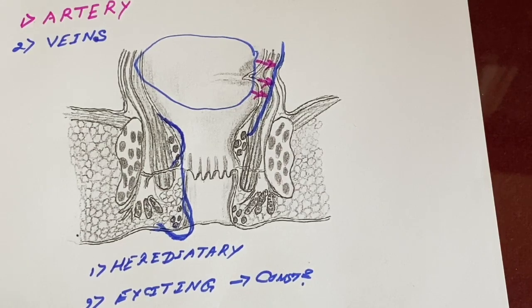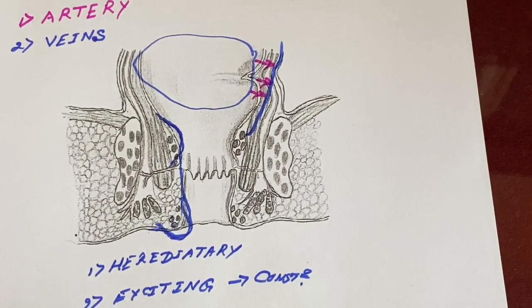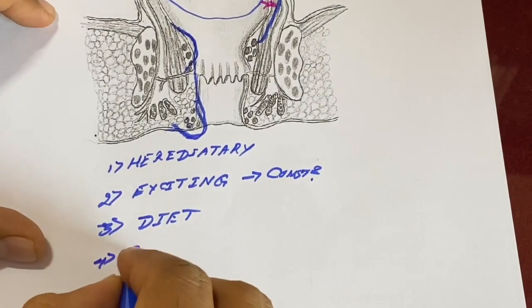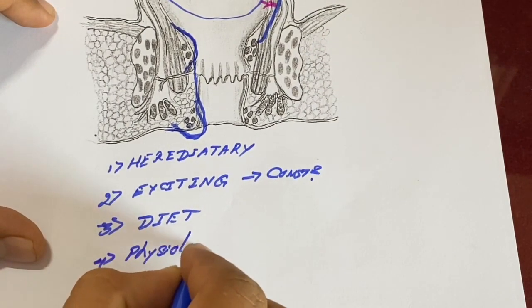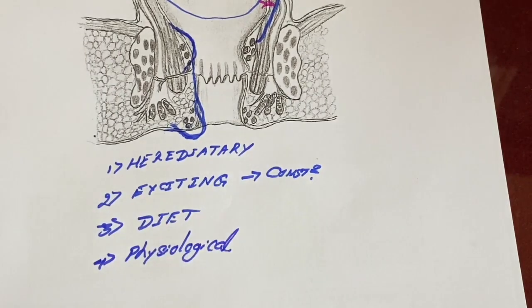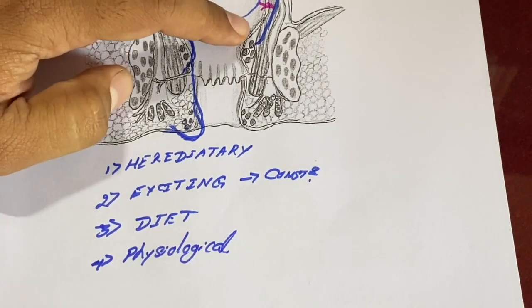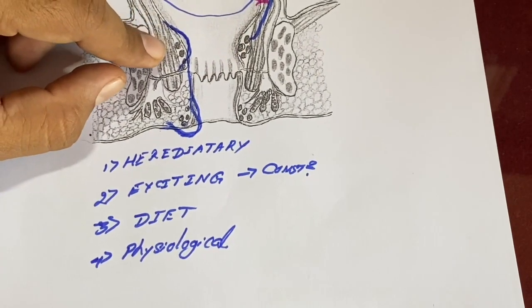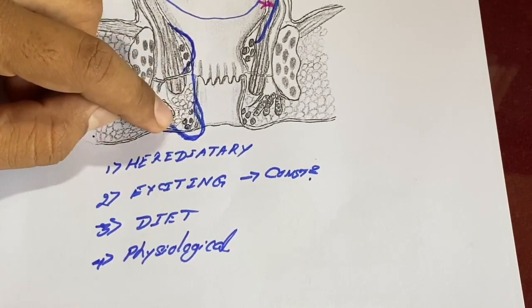And I told you about physiological causes also. Another cause is physiological, because of the erect position. There could be a chance of developing engorgement in the veins, leading to hemorrhoids.